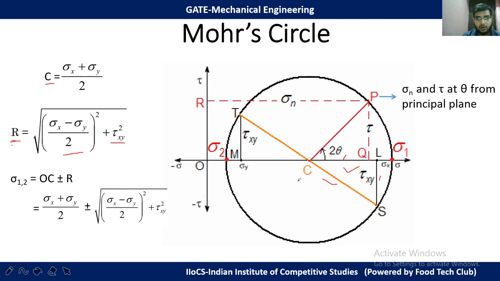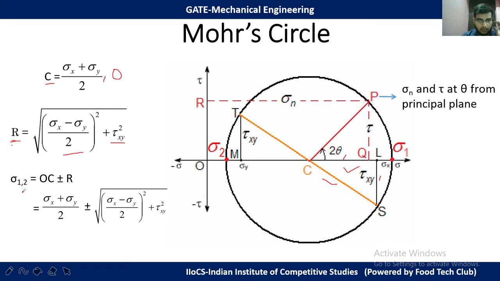If we want to give the coordinate, the coordinate of the center will be (sigma x plus sigma y by 2, 0). That means at the sigma axis the value will be sigma x plus sigma y by 2, and at the tau axis it will be 0 because it is on the sigma axis.